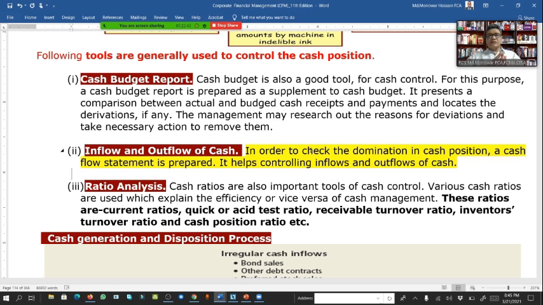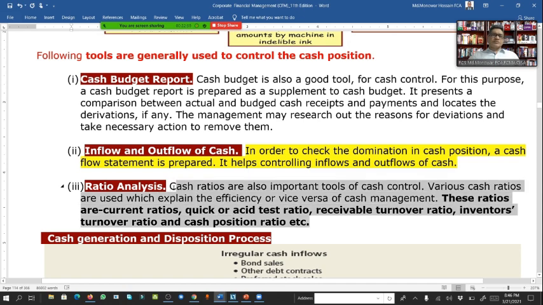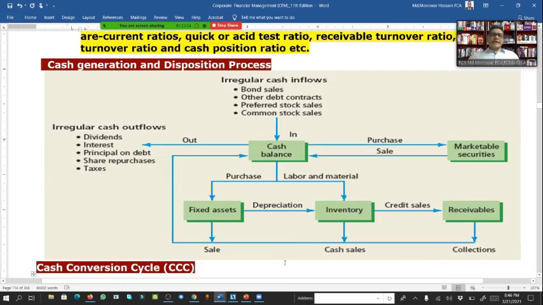These ratios include the current ratio, quick ratio or acid test ratio, receivable turnover, inventory turnover ratio, cash position ratio, etc. These ratios can be used for cash control. Cash generation and disposition process is described here, and there are some regular cash inflows, some are irregular.